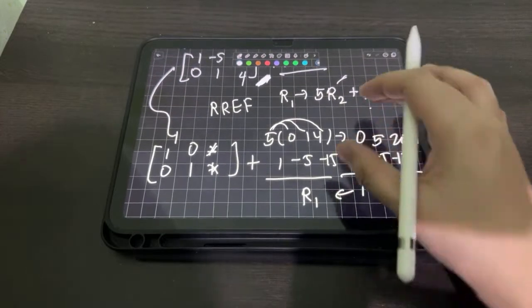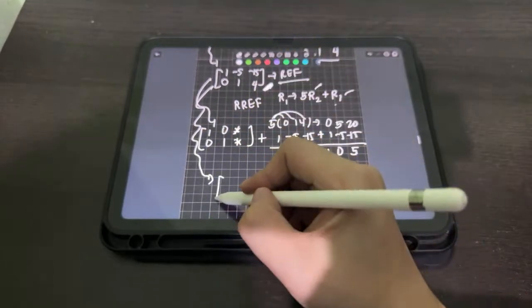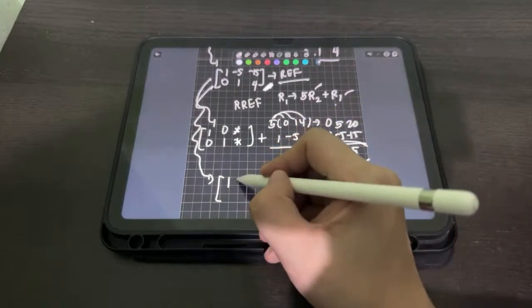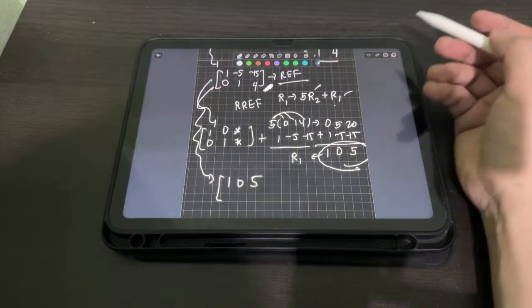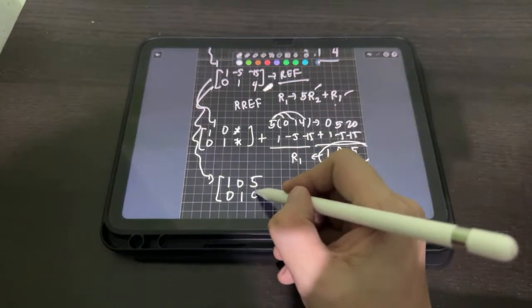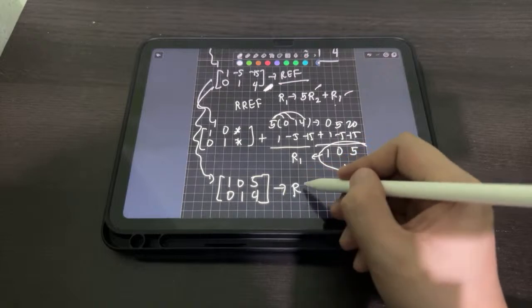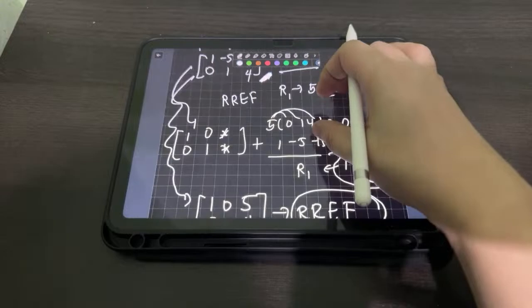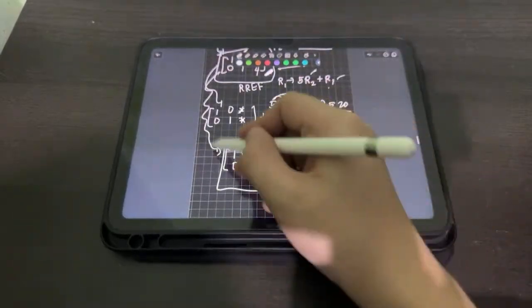Therefore, the new entries in R1 will be 1, 0, 5. Then copying the same entries in row 2, 0, 1, 4. So this is the REF of the matrix and this is the RREF.